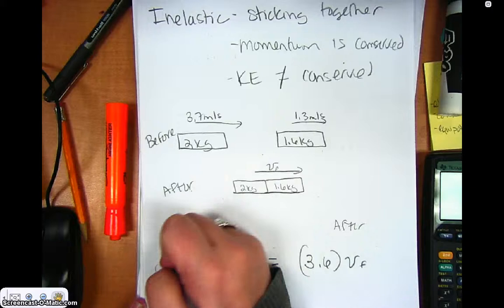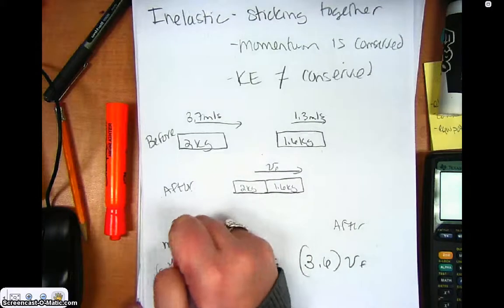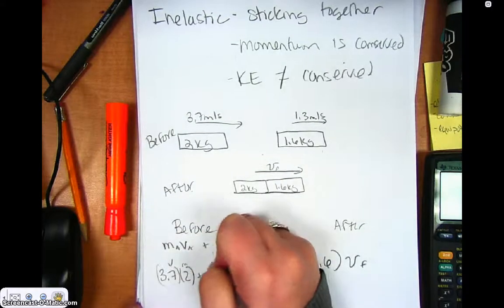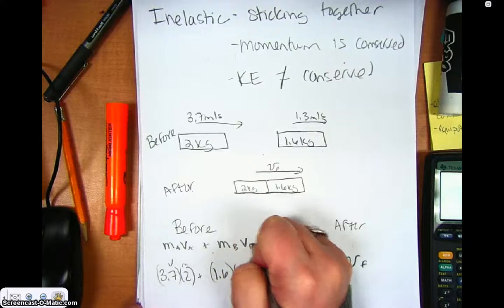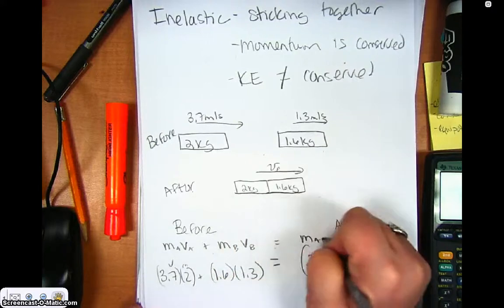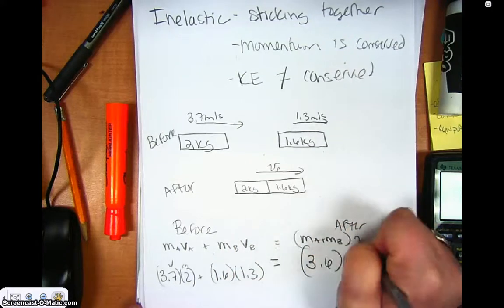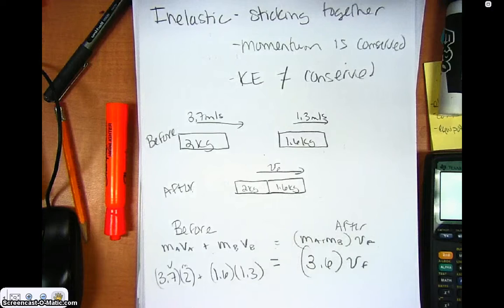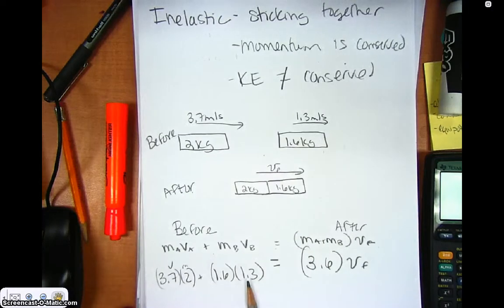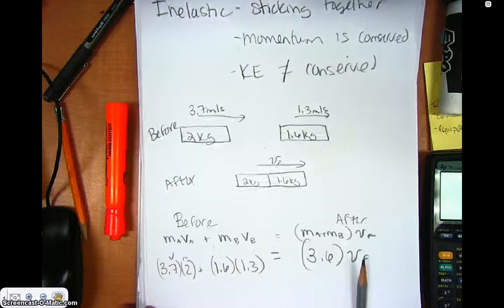Now, how you might see this equation written, which looks like sort of a big mess, would be like this. But again, that looks like a big complicated equation, but really we're just saying all the momentum of the stuff at the beginning has to equal all the momentum of the stuff at the end.